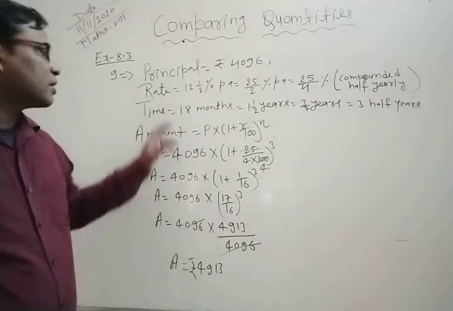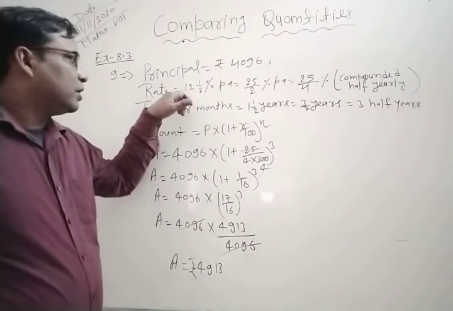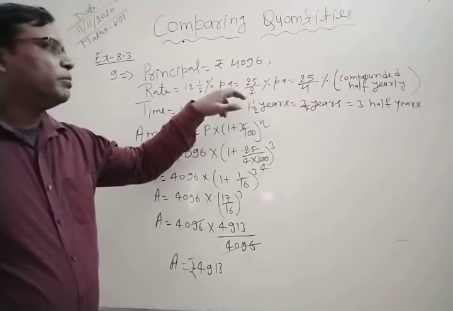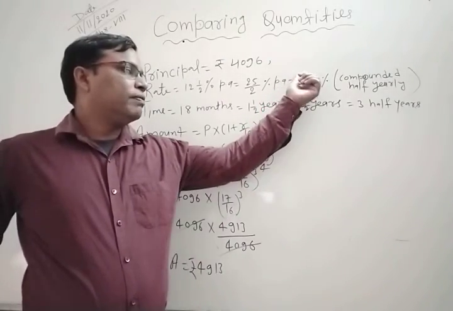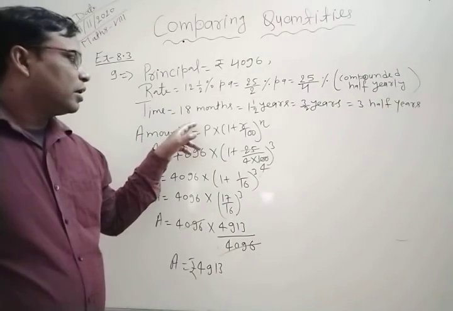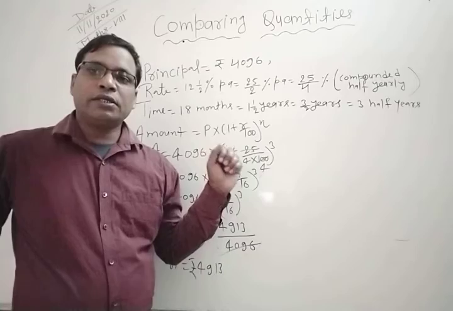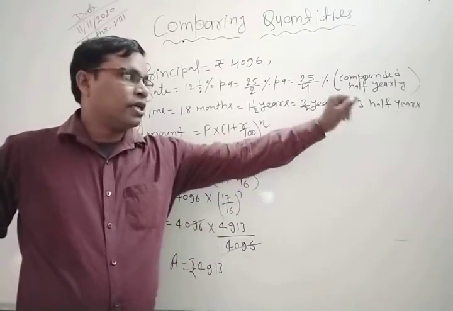So for this, the principal given is 4096 and the rate is 25/2 percent, but interest is compounded half yearly, so it is equal to 25/4 percent. Time is given as 18 months, so it is equal to 1.5 years, or 3/2 years, but since interest is compounded half yearly, this is equal to 3 half years.